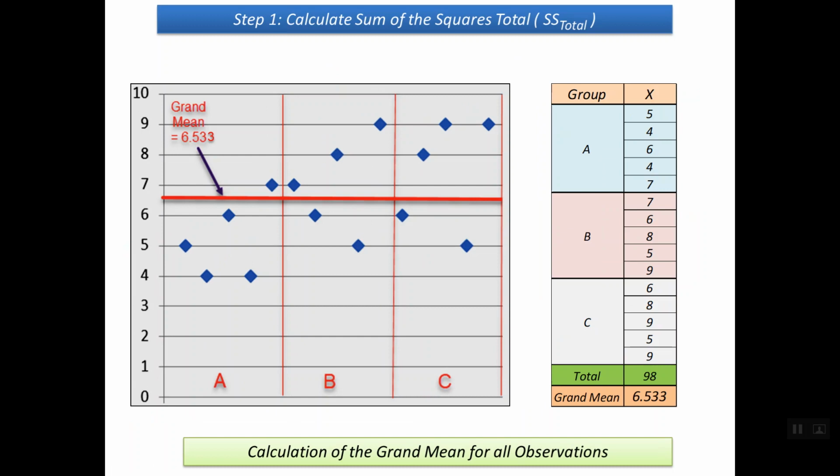So first of all, we need to calculate the grand mean, and the grand mean here means the mean for all the observations for groups A, B, and C. If you sum up all of the observations, you will get 98, and in order to calculate the grand mean, we simply divide the total of the observations, which is 98, by the number of observations, which is 15.